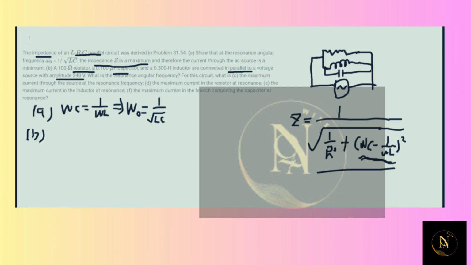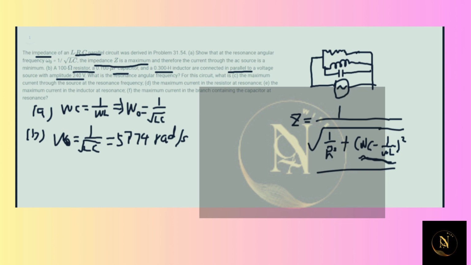We just need to plug in the numbers because we already have L equal to 0.3 henries and C equal to 0.1 microfarads. Plugging in the two numbers, we obtain the resonant frequency equal to 5,774 rad per second. So this is the resonant angular frequency.